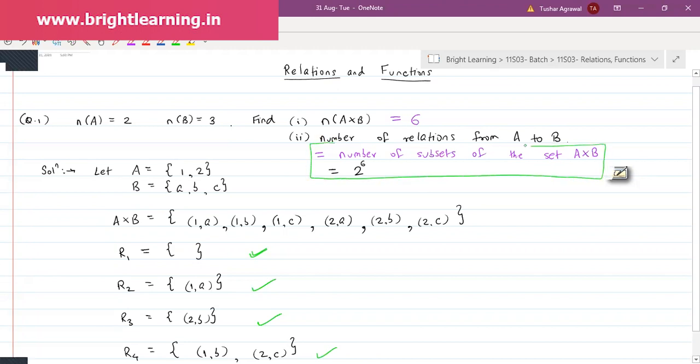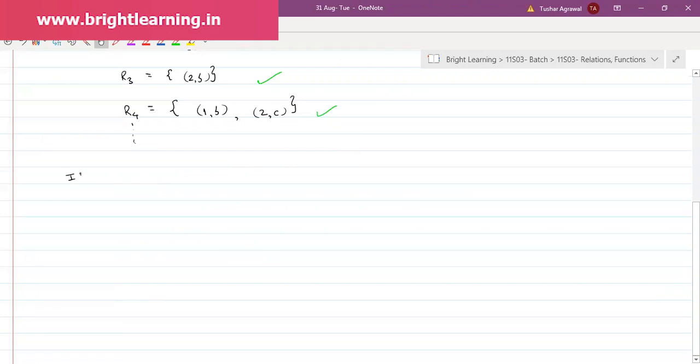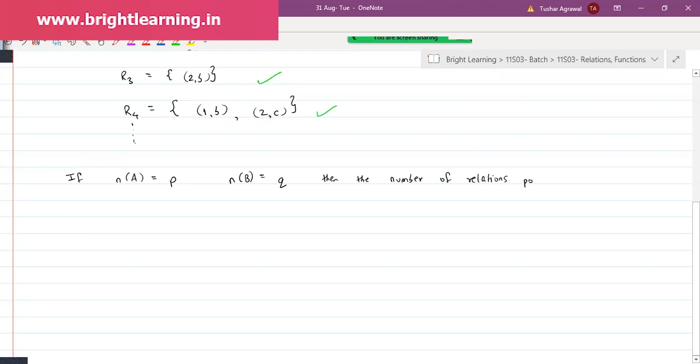Yes, sir. Okay. So if this property is clear, the generalization we can write over here: if the cardinality of set A is equal to P and the cardinality of set B is equal to Q, then the number of relations possible from set A to set B is 2 to the power PQ.